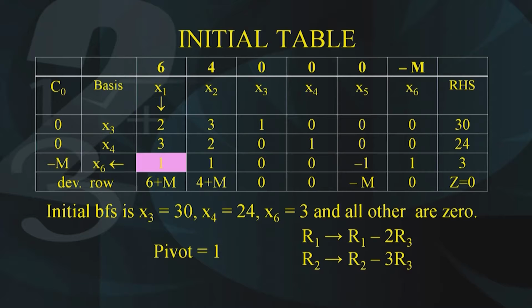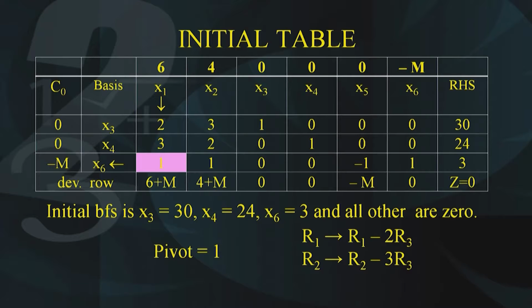Now, if you look at the initial iteration, the initial basic feasible solution is nothing but the basic variables equated to the right hand side. And what does that mean? This means that the initial BFS is x3 equal to 30, x4 equal to 24, x6 equal to 3, and the remaining variables are 0.